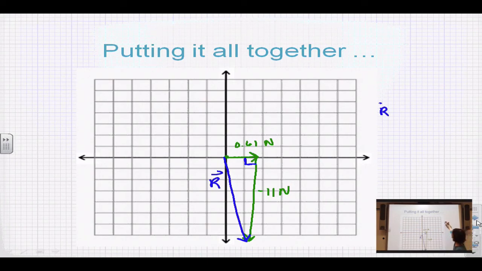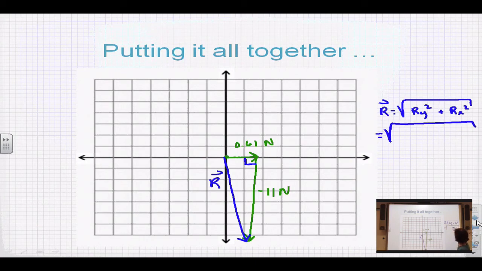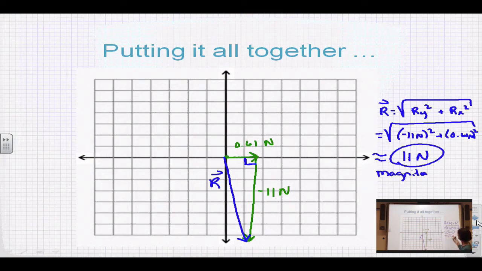So our resultant will just be the square root of our y squared plus our x squared, or the square root of negative 11 newtons squared plus 0.61 newtons, also squared, which is about 11 newtons. This is the magnitude of the resultant. It's the magnitude of the force that results from adding all those other forces together.